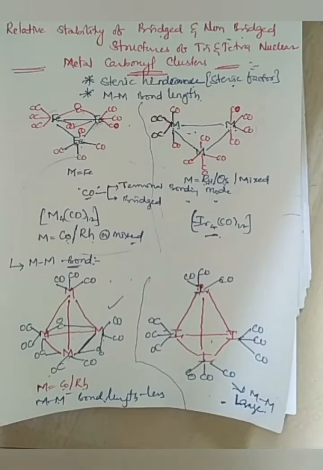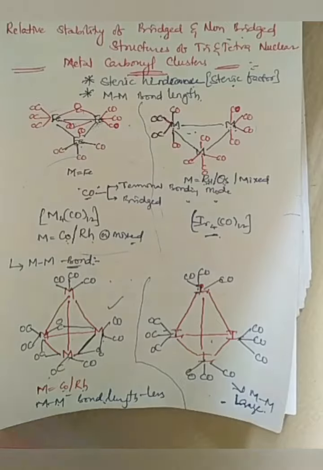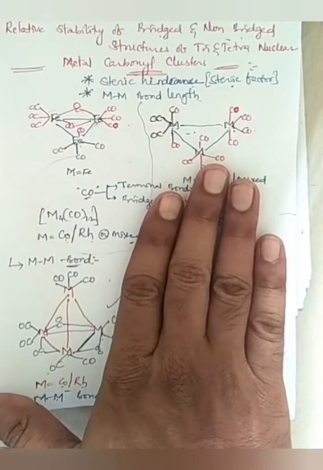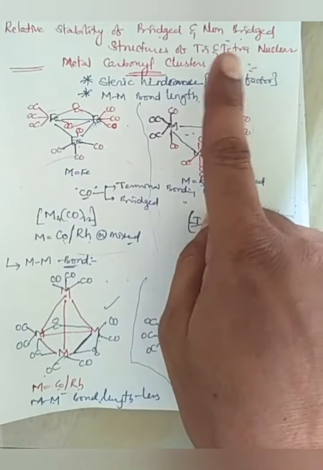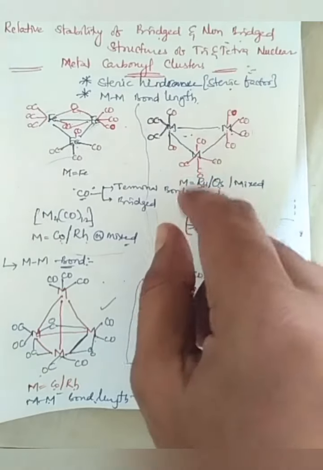Like that, there will be relative stability. We can compare bridged structures to non-bridged structures in trinuclear and tetranuclear metal carbonyl clusters.